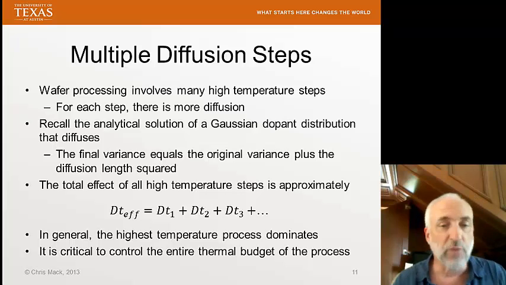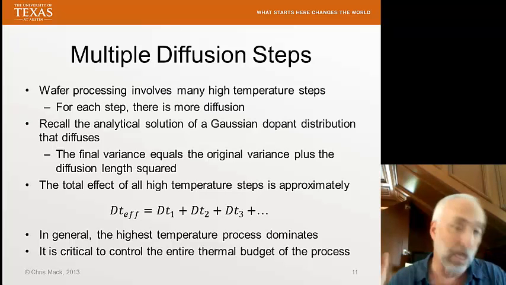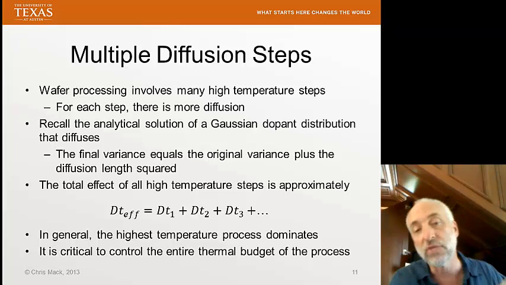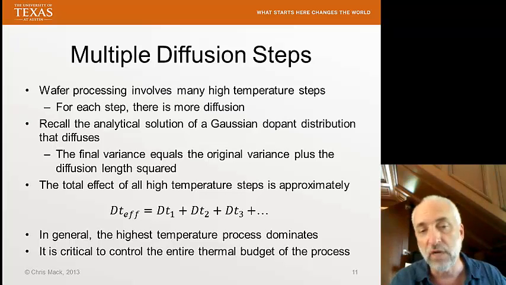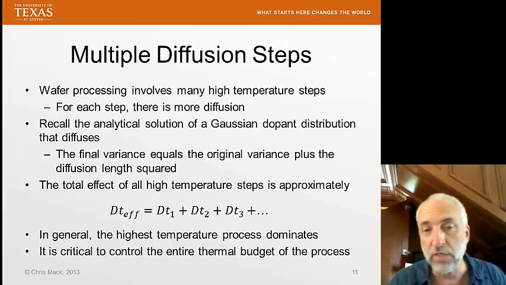If I've designed a process and then I decide at the last minute to add another high temperature process step at the end, I have to start from scratch. All of the design of the dopants and the diffusion steps took into account the total thermal budget of the entire process. And as soon as I add another one, that's all changed.